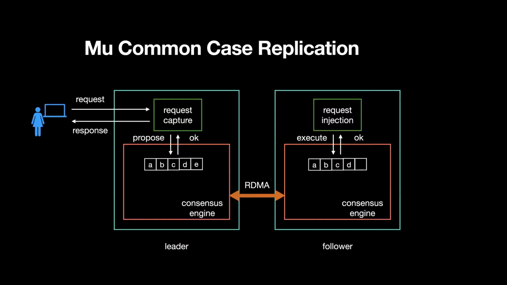So to achieve as low latency as possible in the replication, the copy from leader to the follower has to happen in one round trip delay.